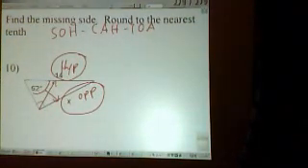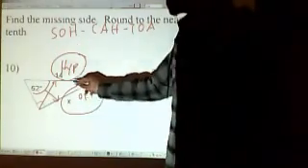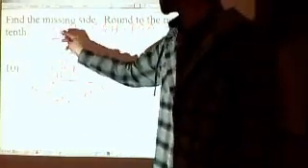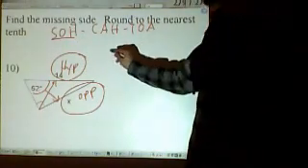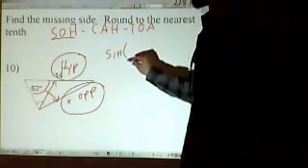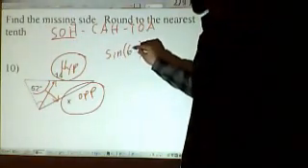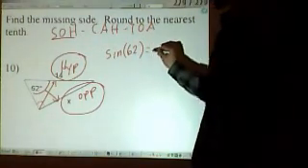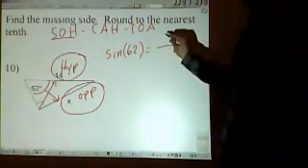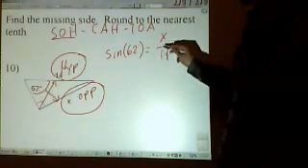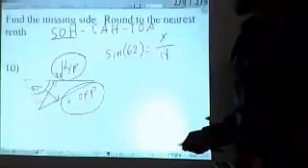Well, we have the hypotenuse and the opposite of this 62-degree angle. So the only ratio we can use is the one that has the O and the H, and that's this one. And this stands for sine is opposite over hypotenuse. So we'll put sine of what? Sine of 62 equals the opposite, that's x, over the hypotenuse, 14.